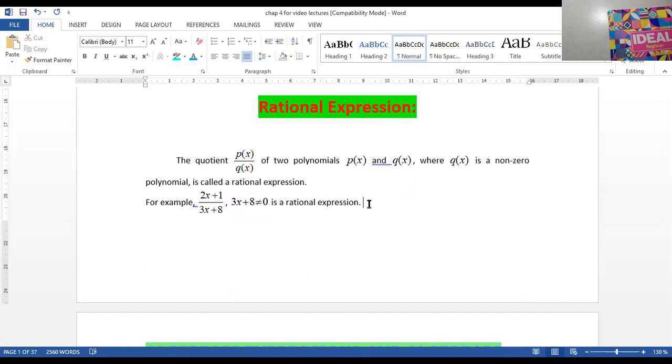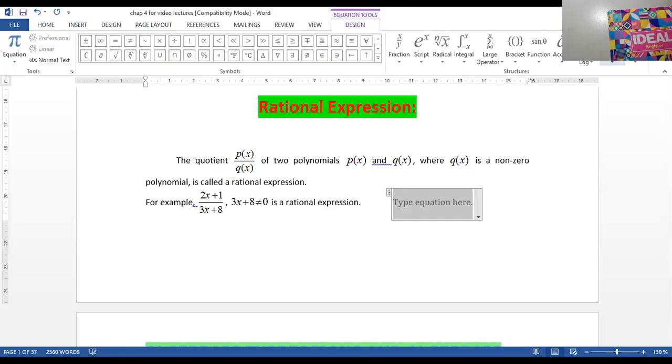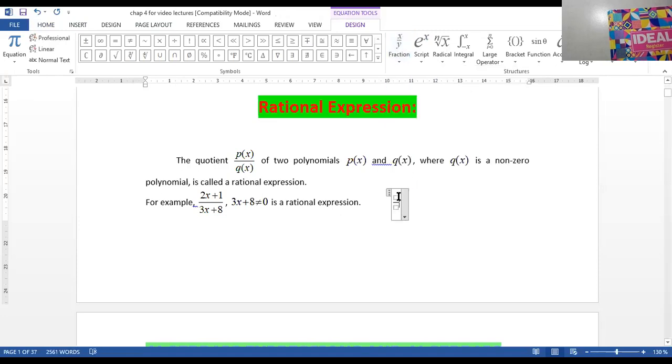So if I quote one example for rational numbers, if you remember, we write 4 over 5, suppose.